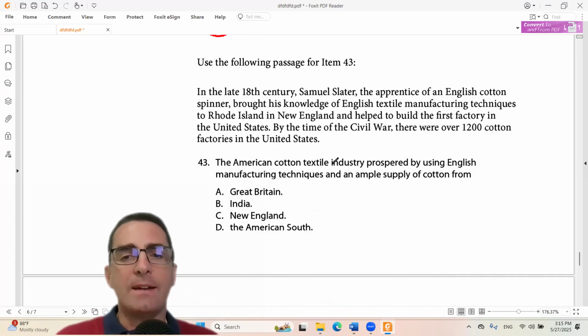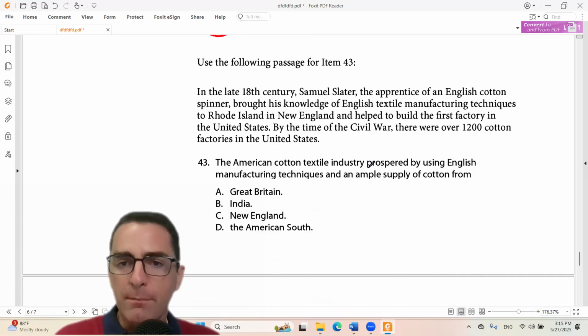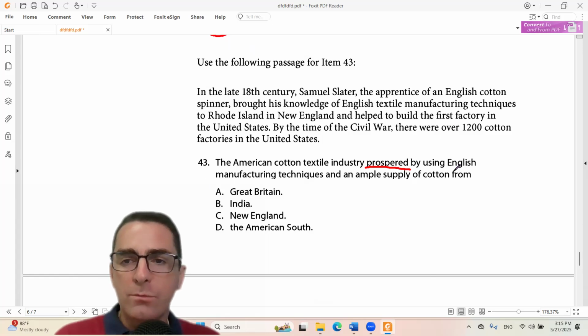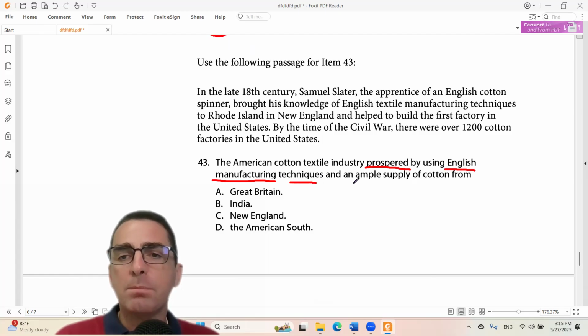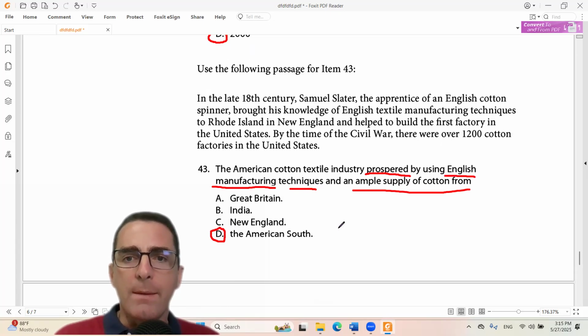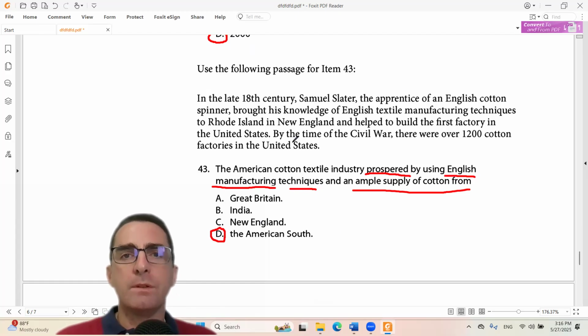The American cotton textile industry prospered, that means did very well financially, by using English manufacturing techniques and an ample supply of cotton from. Okay, so again, this is from the American South. This is the time pre-Civil War.